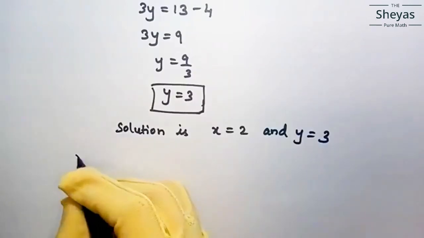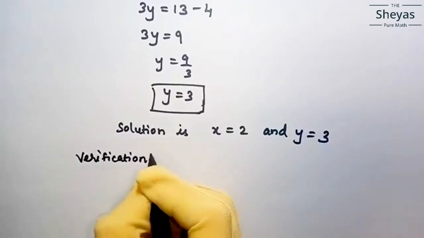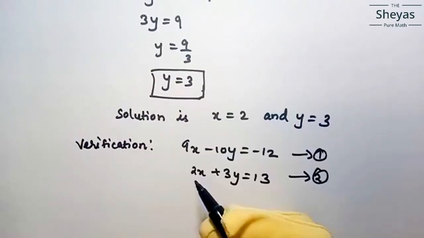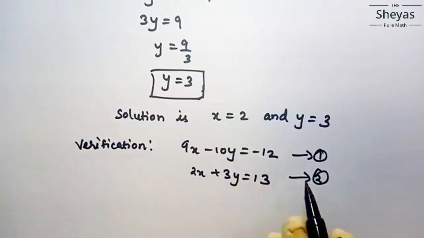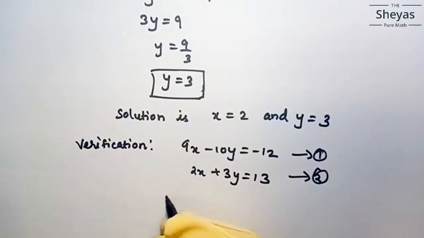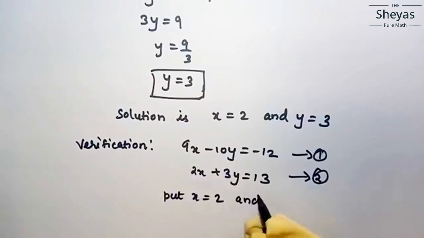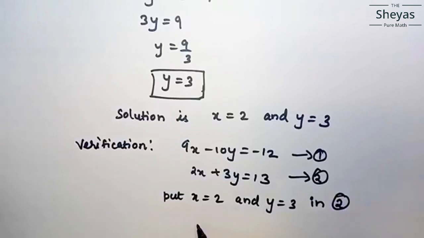Let us also verify. So these are equations 1 and 2. You can substitute in any equation, 1 or 2. So I am substituting in 2. So put x is equal to 2 and y is equal to 3 in equation 2.